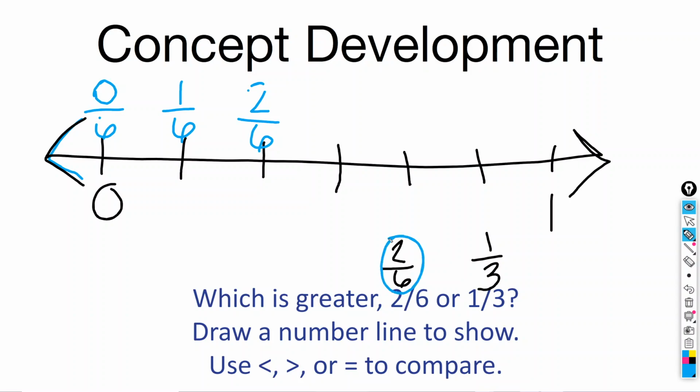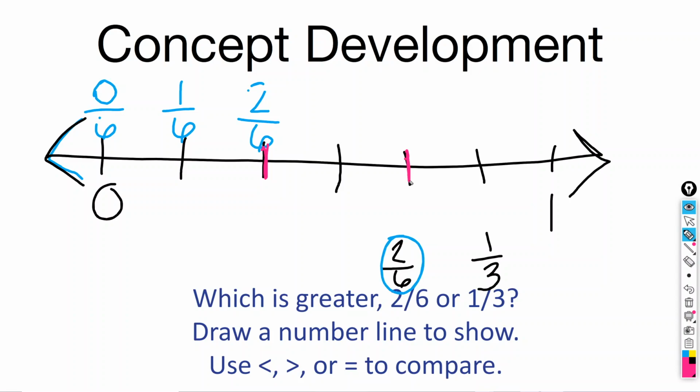Well, now the tricky part is that I have to do 1/3. So I'm going to do 1/3 in pink. Now, right now my number line is broken into 6ths. I need it broken into thirds. So I'm going to break it into thirds, and my thirds lines are actually going to be in the same place as 2 of the 6th lines.